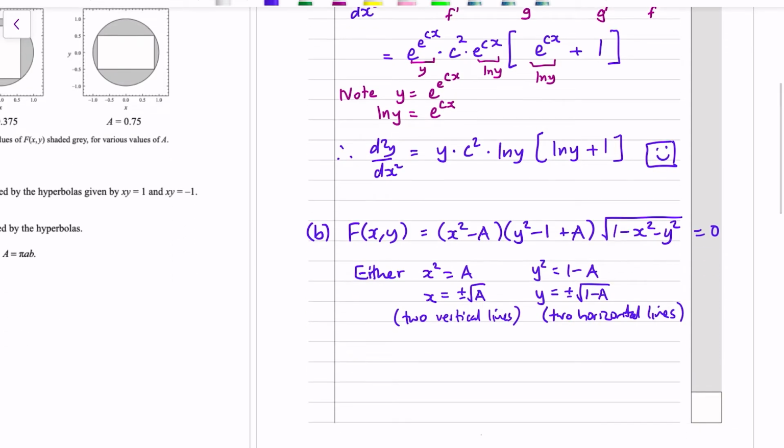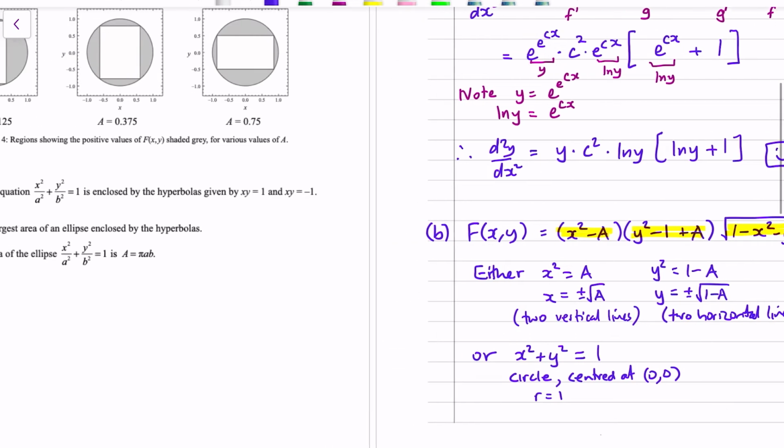Or, so I've covered off this one could be 0, this one could be 0, or it could be that thing there is equal to 0. Or x squared plus y squared equals 1, which is a circle centered at the origin, radius equal to 1.